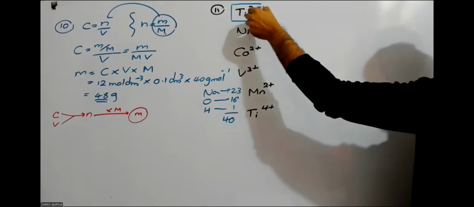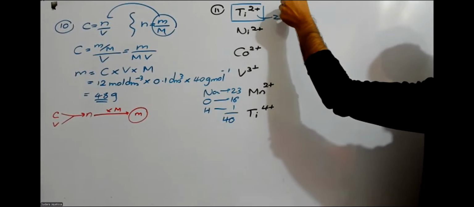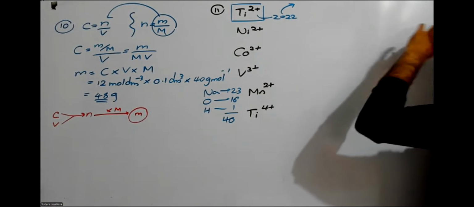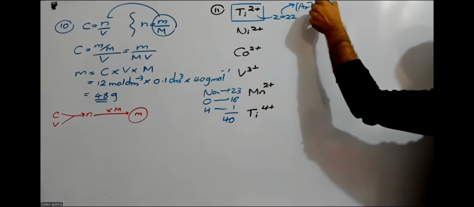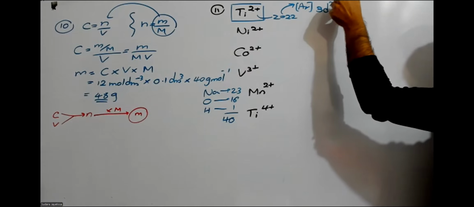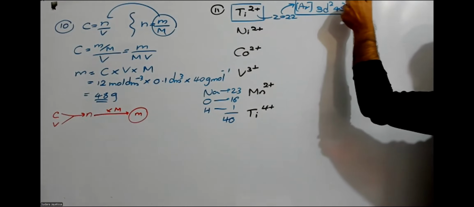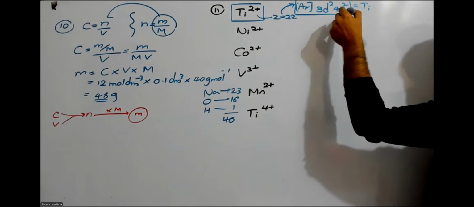Titanium atomic number is 22, so the electronic configuration is argon 3d2 4s2. When it makes titanium 2 plus, 2 electrons get removed.